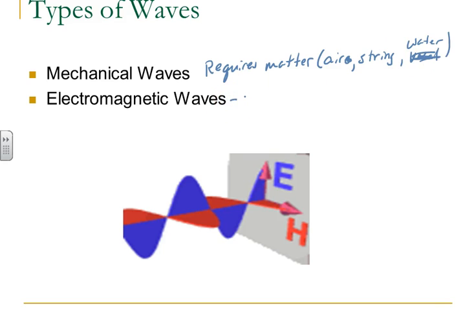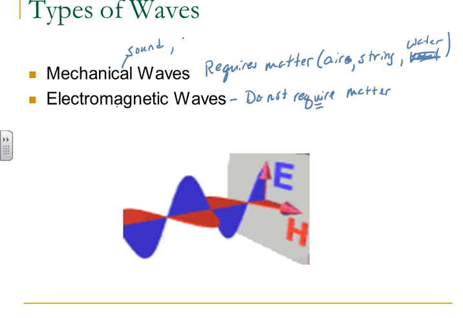Electromagnetic waves do not require matter. Doesn't mean that there can't be matter, it's just that they don't require matter. So that means they can pass through vacuum or through empty space. Examples of mechanical waves include sound, for instance.